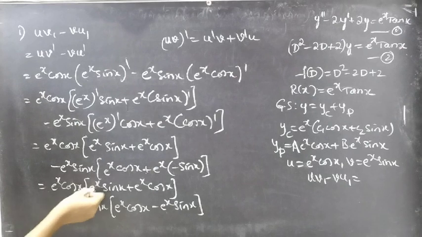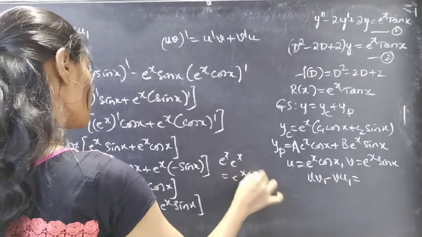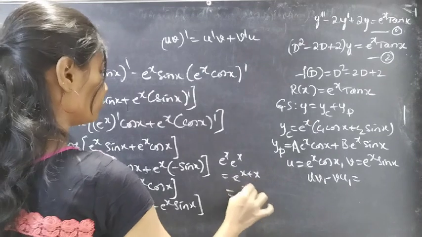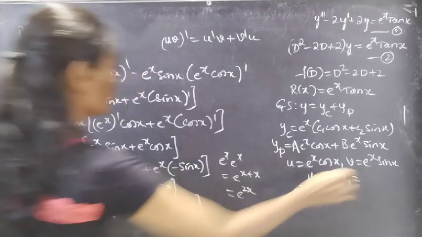Which gives us e power x into e power x, since we know that e power x into e power x can be written as e power x plus x, which gives us e power 2x. Right?